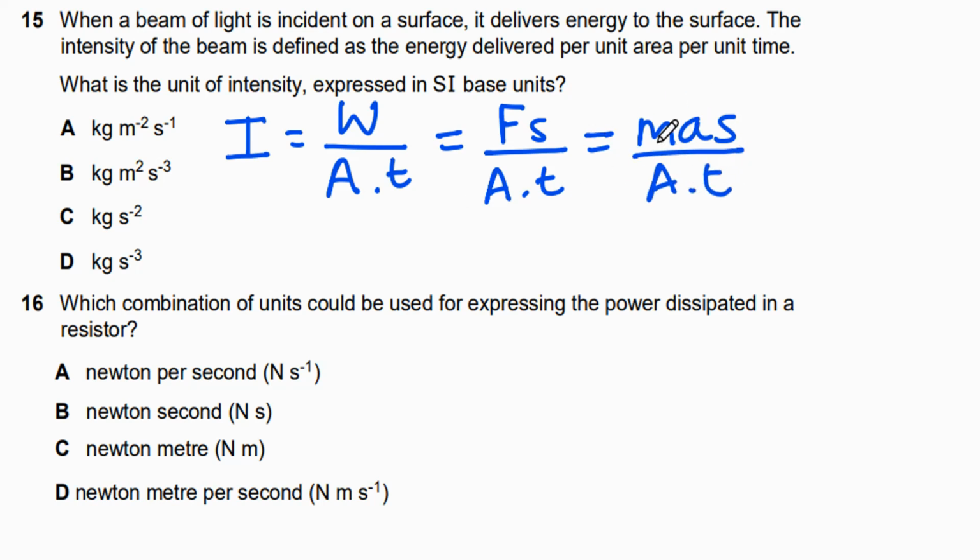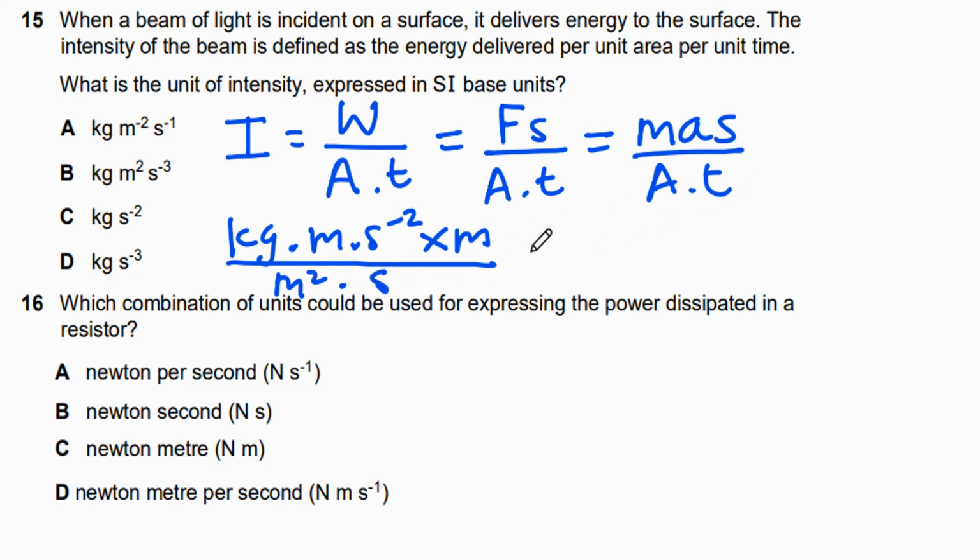We can bring in the SI units. Mass is in kilograms. Acceleration in meters per second squared. And displacement S is in meters, all over the area, which is in meters squared, and the time, which is in seconds. We can simplify this.